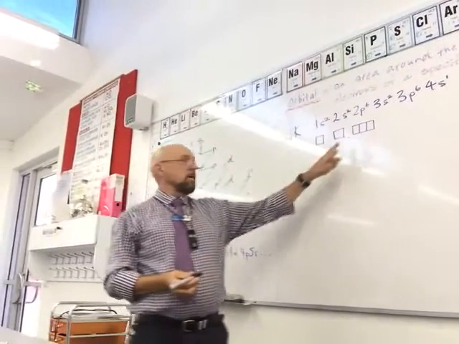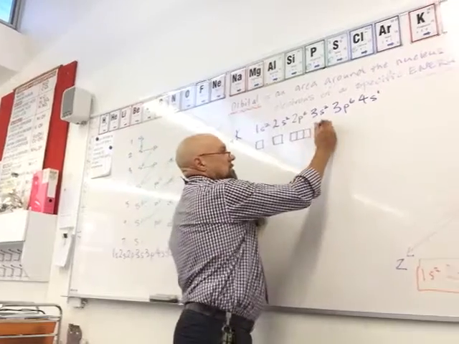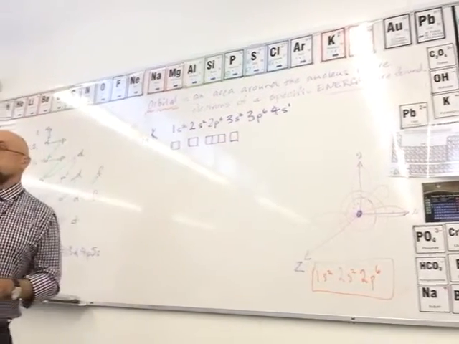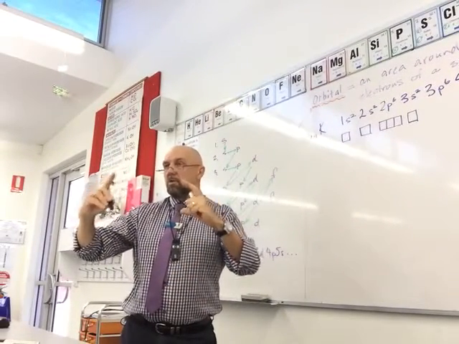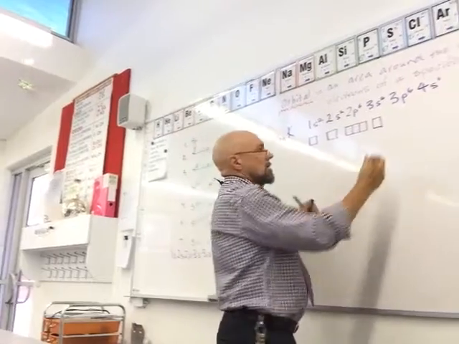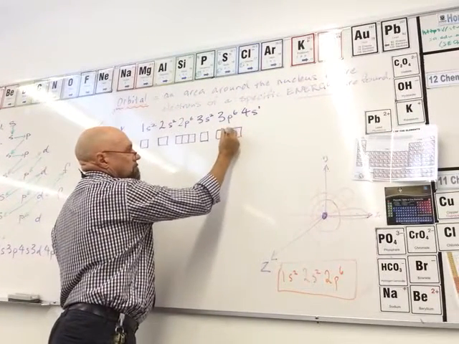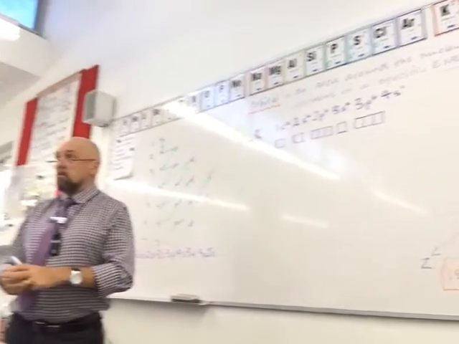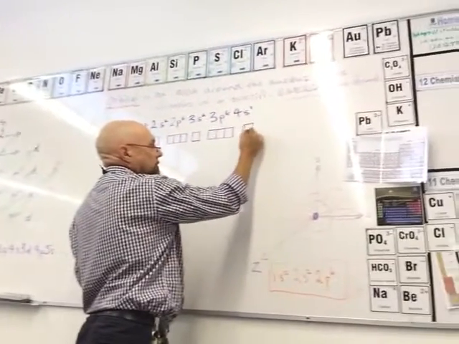So this corresponds to Px, Py and Pz. This is another s orbital, so there's only 1 of them. S is a sphere, and I can only fit 2 electrons in that. Now we're up to another p orbital. There it is there. There's 3 of them, Px, Py, Pz. And then I've got another s orbital, so it looks like that.